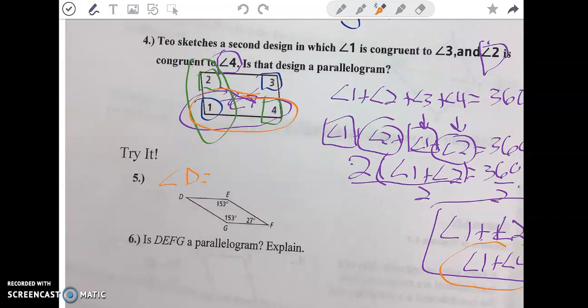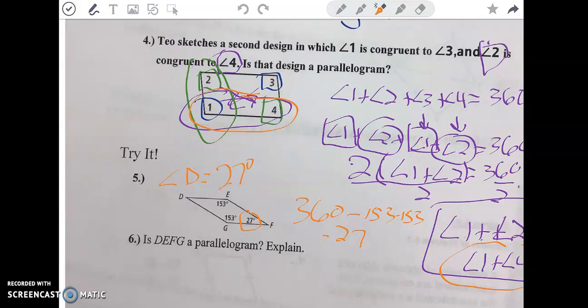Angle D will be opposite of angle F, so that is going to be 27. Not much math on that one. And then it asks, is DEFG a parallelogram? Well, not only can we notice that the opposite angle is 27, we could also do 360 minus everything else: 360 minus 153 minus 153 minus 27.